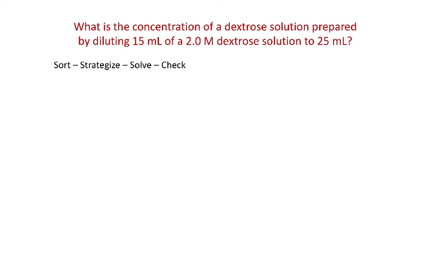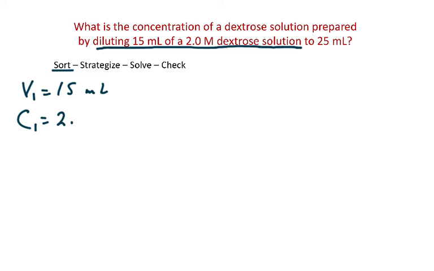Okay, so we're going to sort out what we have and what we want. We're going to be diluting this solution. So this is the stock. We have a stock solution. We're going to take 15 milliliters of it. It is a 2.0 molar dextrose solution.